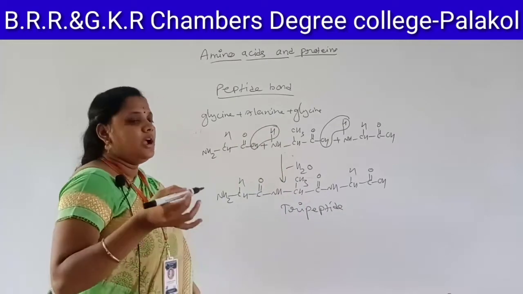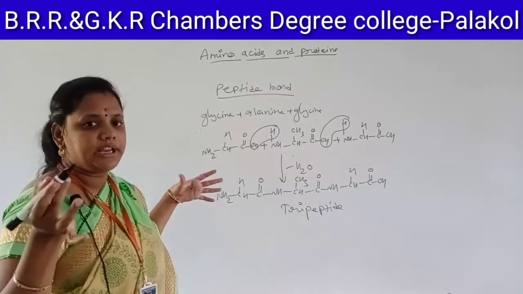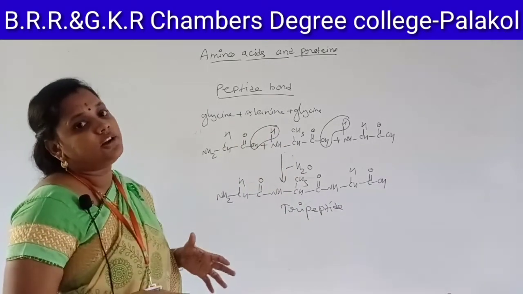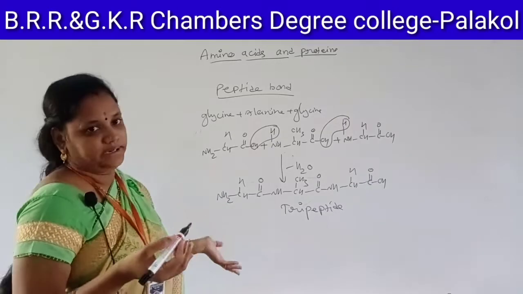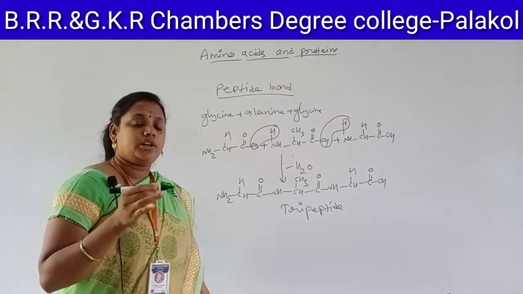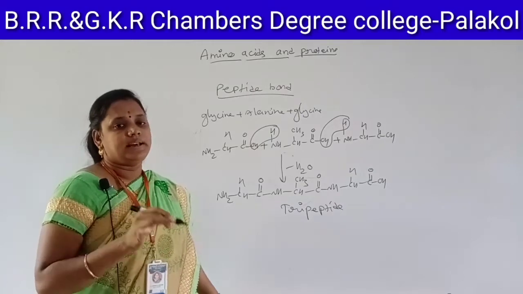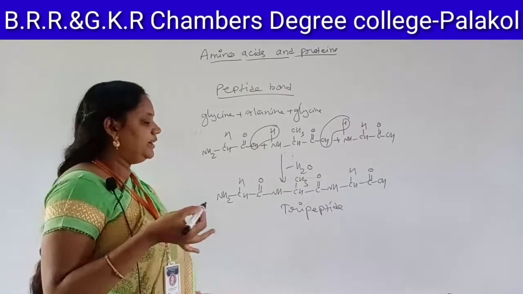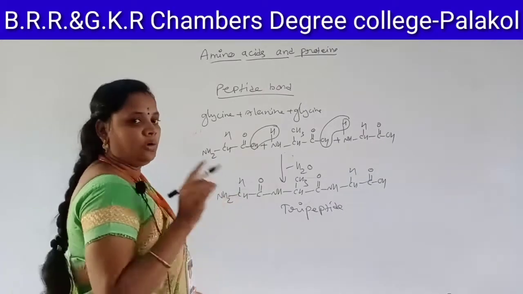Okay students, a polypeptide means a combination of more than 3 amino acids. A combination of a number of amino acids results in a polypeptide. Let me write the polypeptide chain once for you.